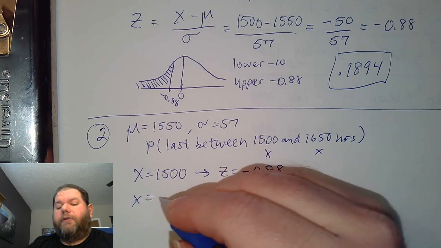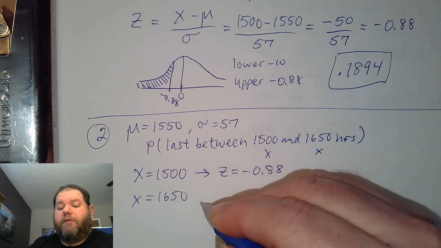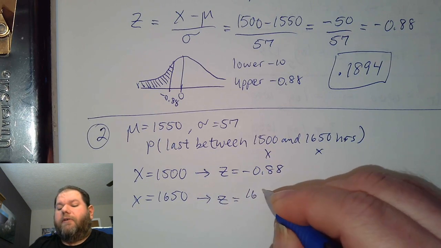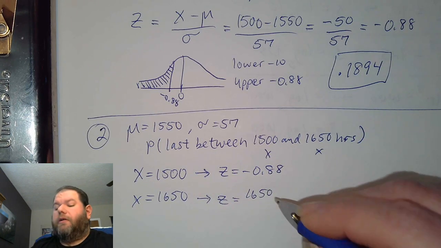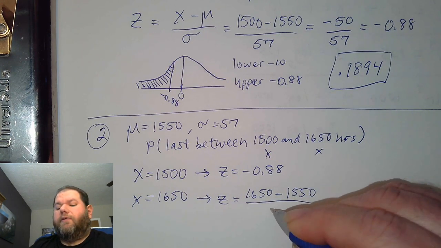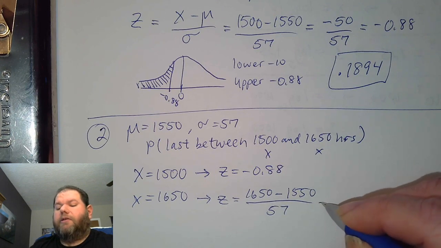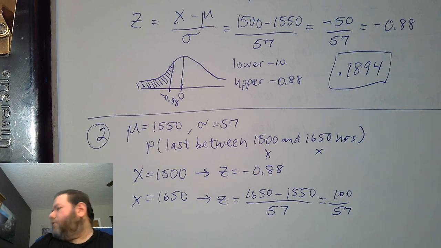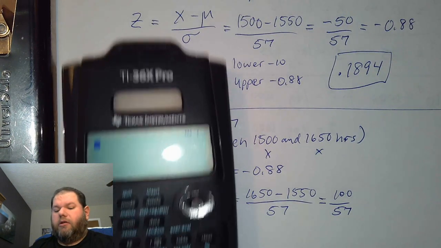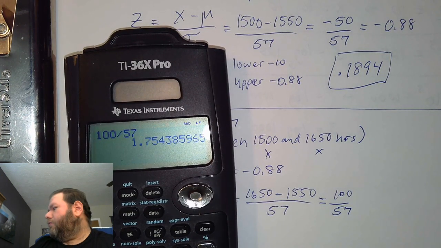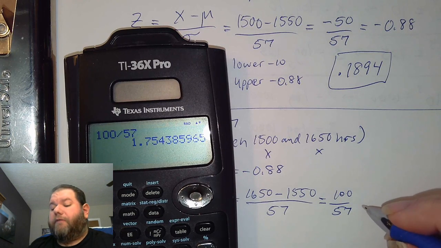Now for x equals 1,650, we will have to calculate this z-score. So it'll be 1,650 minus the mean, 1,550, over the standard deviation, 57. And so we get 100 divided by 57. So it'll give us 1.75.